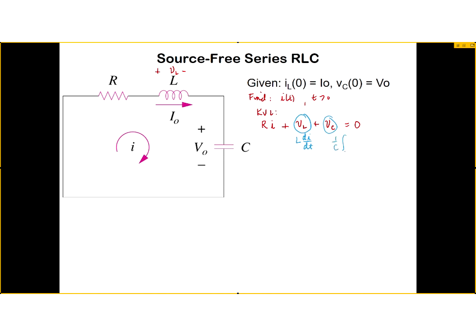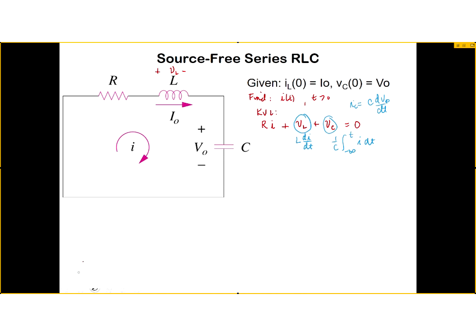Okay, it's 1 over C, the integral from minus infinity to t of I dt. Everyone okay with that? Where that came from? That came from I sub C equals C dVc/dt. Right? I sub C is the same as I because they're all in series, and if I'm looking for VC, I need to integrate. Okay?